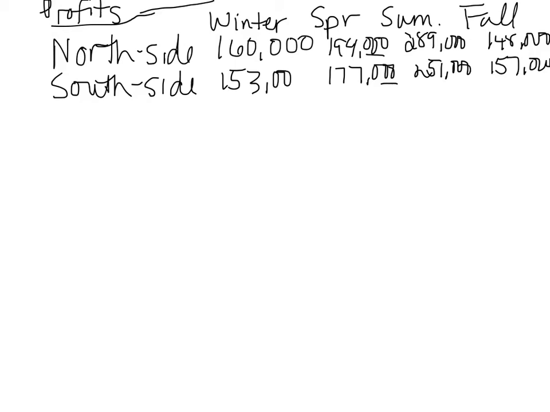The first thing you need to ask yourself is, what are the different categories that we are looking at? The truth is we have a couple here. We're going to have to put this in what we call a double bar graph. In general, though, our independent category is the seasons.